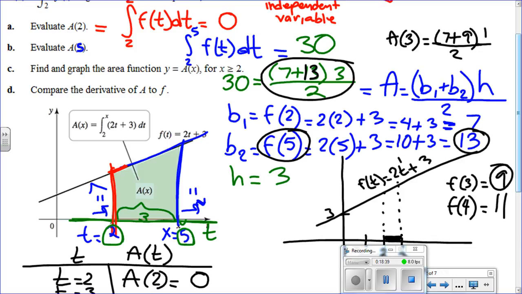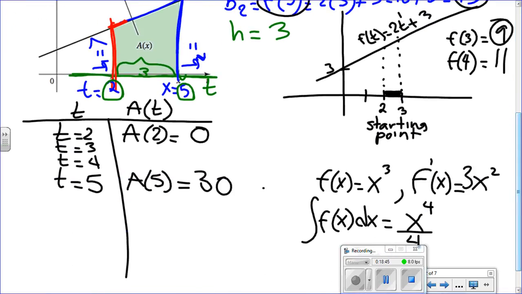So 7 plus 9 is 16 divided by 2, 8. So now we have here at 3, a of 3 will be 8. And actually, I think 3 points is enough to find it. Let's find one more.